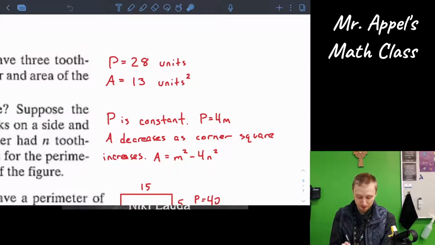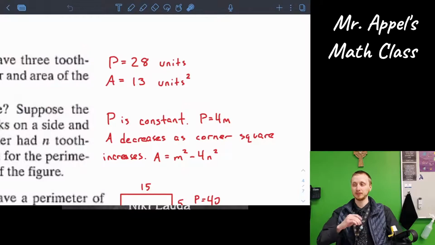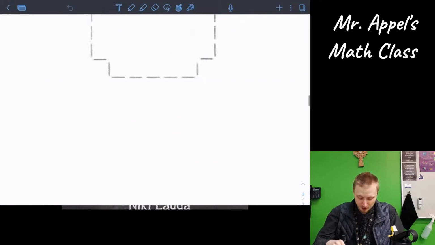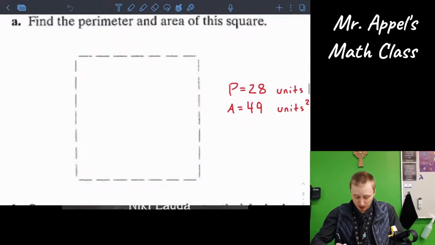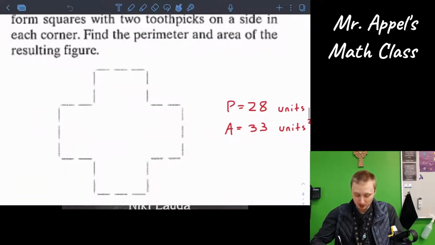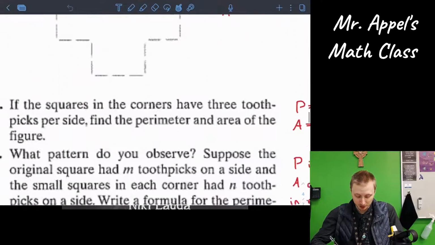And if your full square has a side length of m toothpicks, and you take out a square of side length n from each corner, your area will be m squared minus 4n squared. And look at what happens to those shapes. We had this nice big square. We lose out the corners and we get into this skinnier and skinnier cross shape.